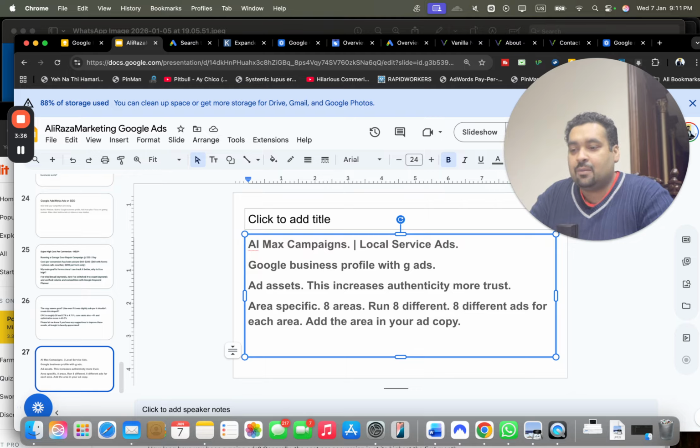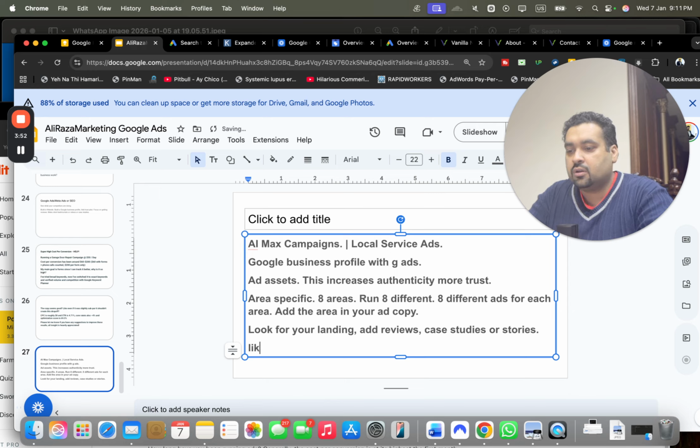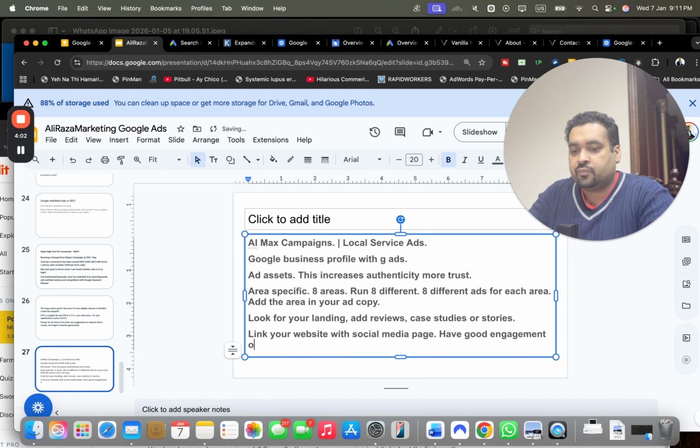Apart from this, look at your landing page. Add reviews, case studies, stories. This can help link your website with social media pages. Also have good engagement on social media.